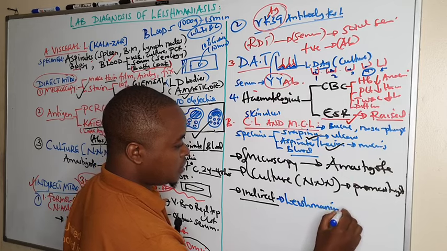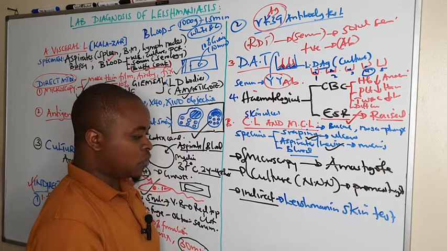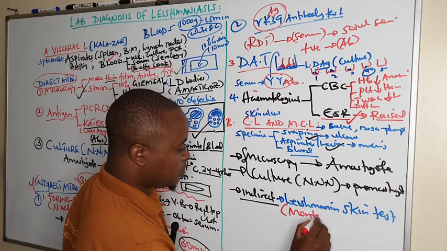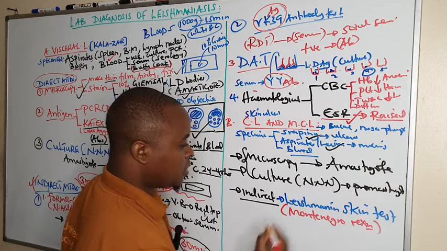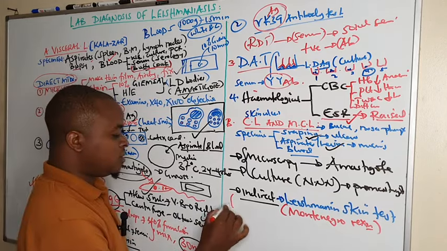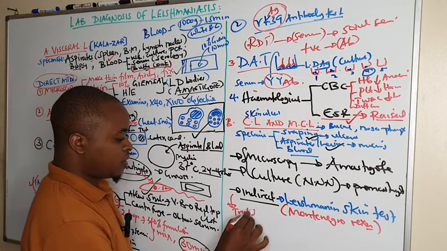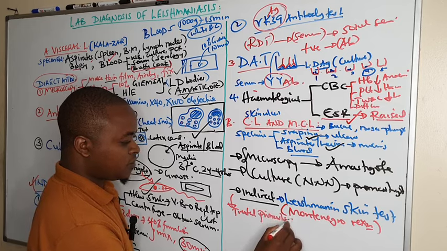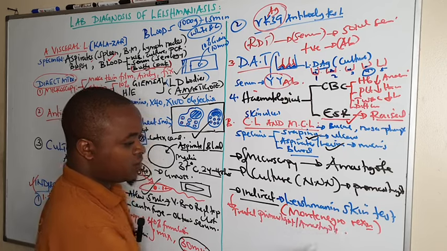And this indirect method we use is the leishmanin skin test, or sometimes called the Montenegro reaction. So with this method, we obtain treated promastigotes or amastigotes from the culture.